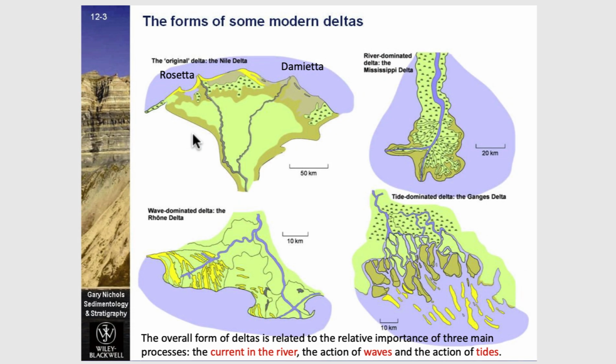So this results in different geometries of deltas. You have the more classic one here, with the two cities that were founded in Egypt that really stand on these two terminations of the Nile River system.